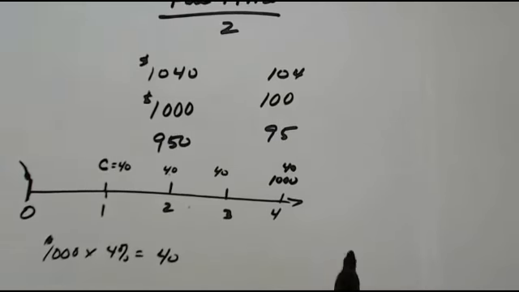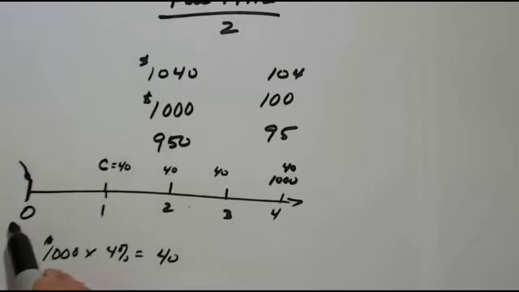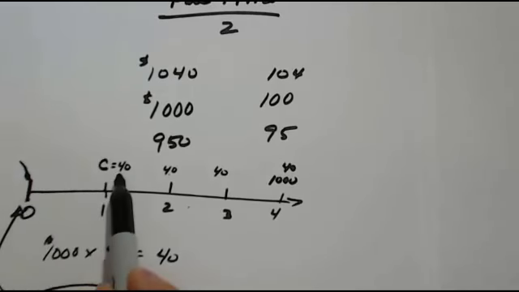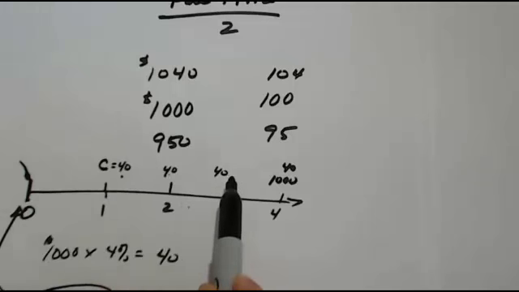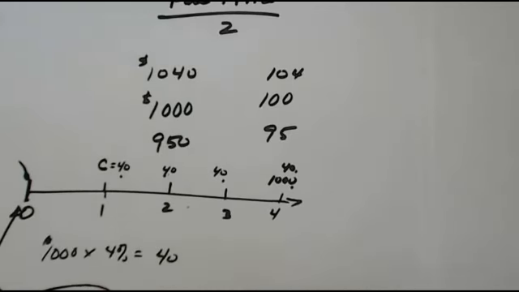Okay? So, if this bond, for whatever reason, happens to be worth, and we'll show you how to figure that out, let's say $950 today. So you're buying a bond that's $950. It's going to produce $40, $40, $40, $40 plus $1,000 over the next 4 years.